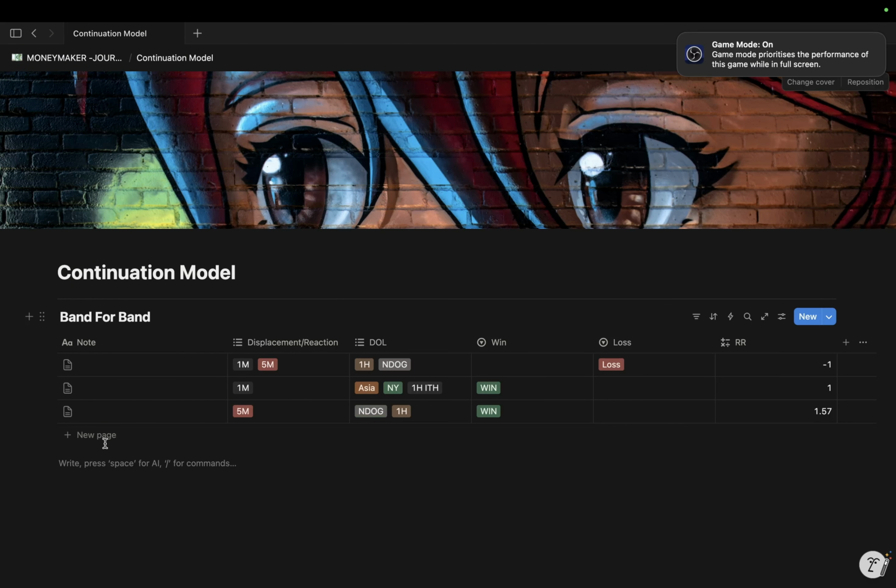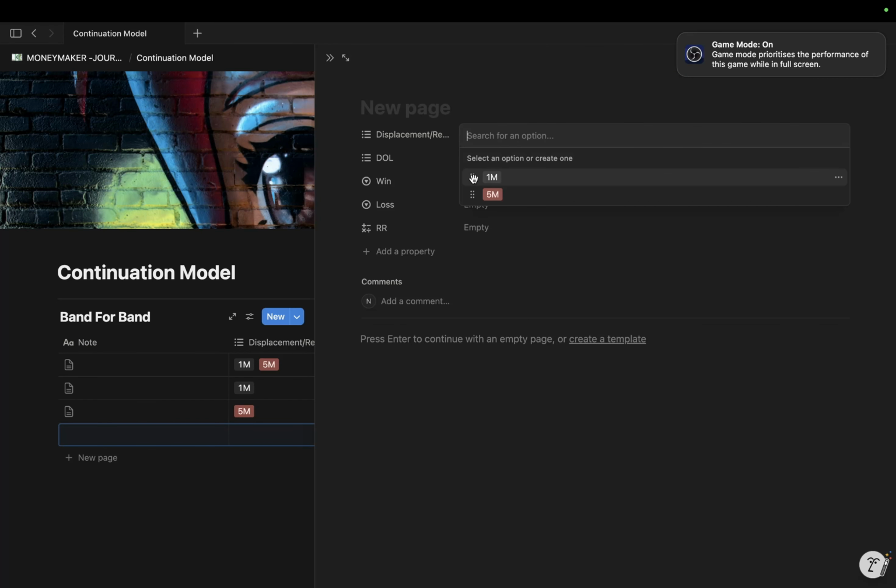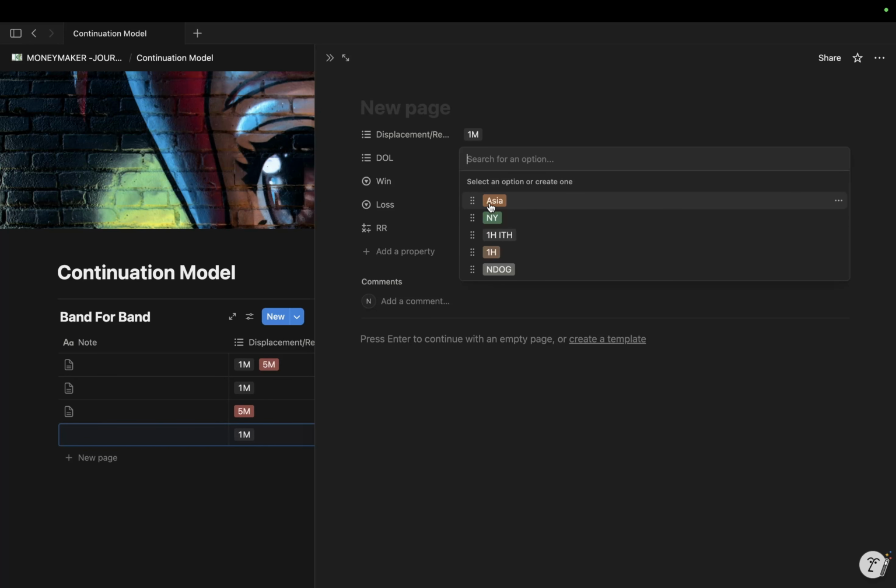New page. Displacement from 1 minute. Draw on liquidity was PDL and new opening gap. It's a break even day.